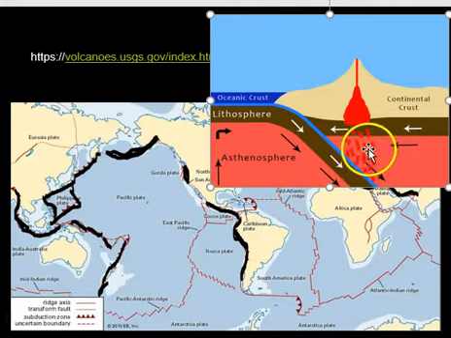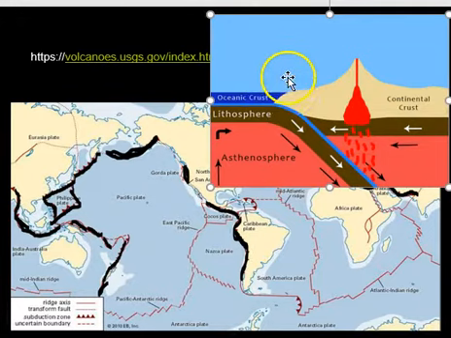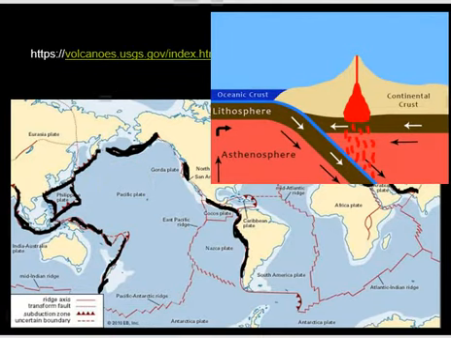It becomes buoyant, lighter, and it bubbles up to the surface, creating this volcanic arc. So in Oregon, we have mountains along the coast that are the result of tectonic uplift from the subduction zone, but we also have these volcanic mountains inland in Oregon and the whole Pacific Rim, or the Ring of Fire.